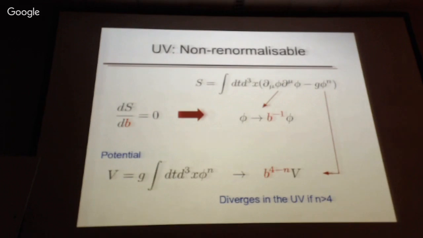This is a very important theory, and it's related to n equals 4 supersymmetric Yang-Mills that you will see in your string theory courses. However, if you take n to be larger than 4, then you get negative powers of b. And if you go to very high energies, that means small b's, then this term blows up. So at high energies, these terms blow up.